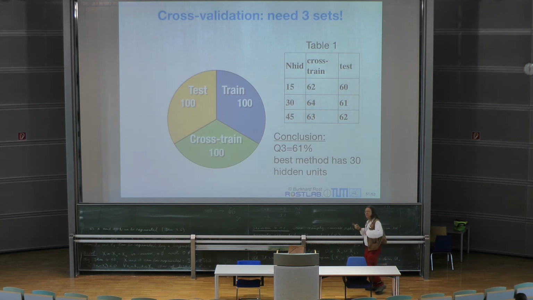Although you seem to have evidence in your data that you can do better, that would again be over-optimizing, or over-tweaking your parameters. You should actually never see that, but if you really saw it and then write 30 and prediction accuracy 61, you do the right thing.